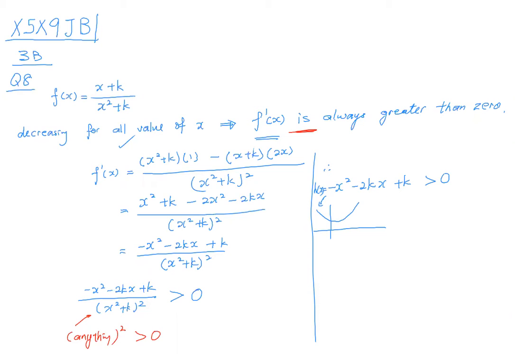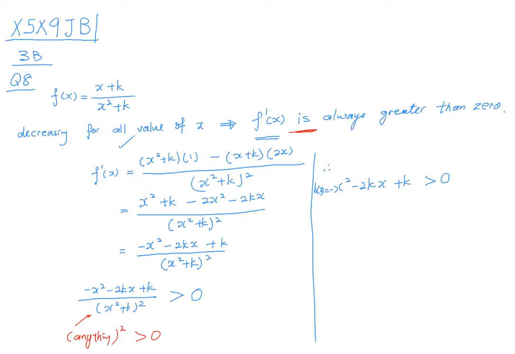So my graph is wrong. Do you know why my graph is wrong? Can someone tell me why the graph I just sketched is wrong? For a quadratic function, this is equal to negative x squared, correct?